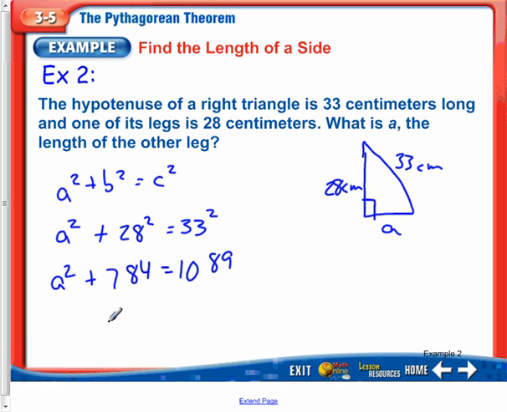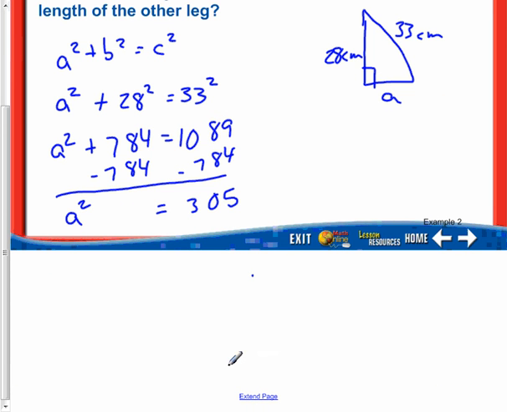And we have a two-step problem here, so we need to subtract 784 from both sides of our equation. Bring down A squared. A squared equals whatever we have left here. We have a 5, 0, and a 3. So A squared right now equals 305. We take the square root of both sides, so that way we can get A by itself.